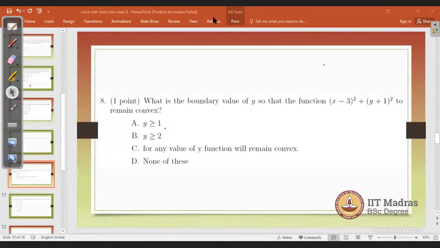Almost all of the answers are correct. Till now just one or two wrong answers, and the rest are all correct.